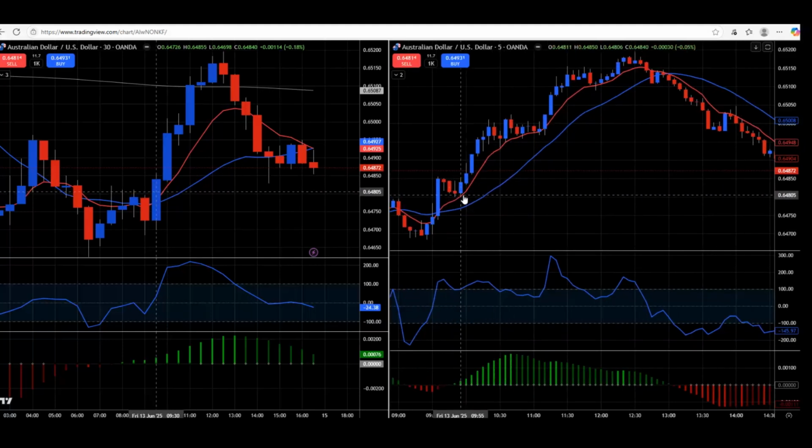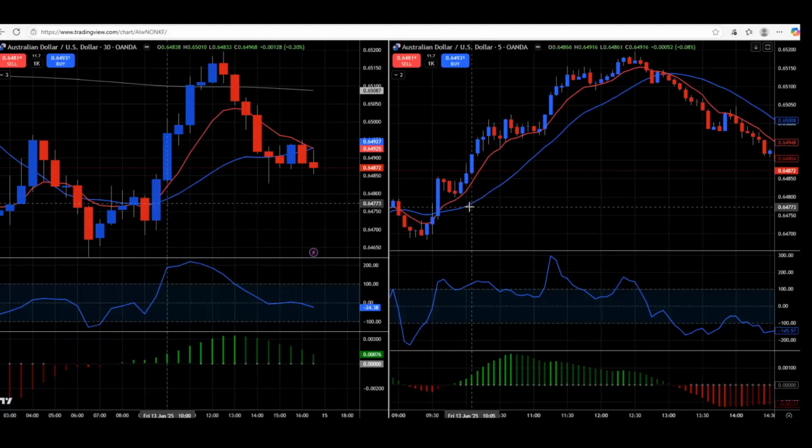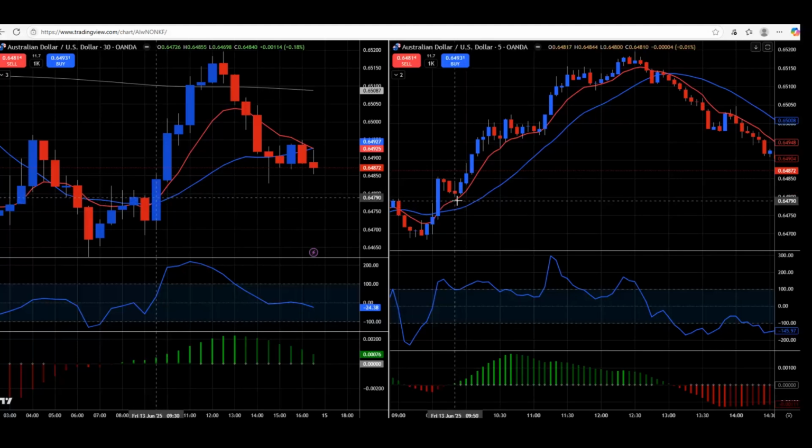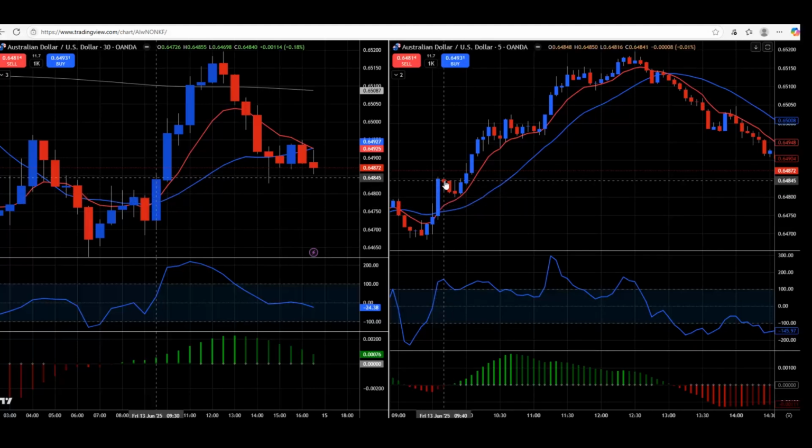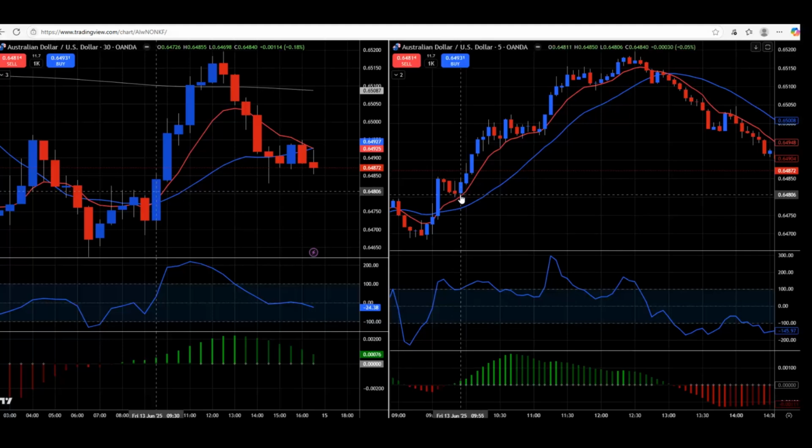So we're going to go back to that narrow state where the 8-period EMA and the 20-period moving average is close to each other. So we could either enter this area, or we could wait, be patient, and enter in this area.